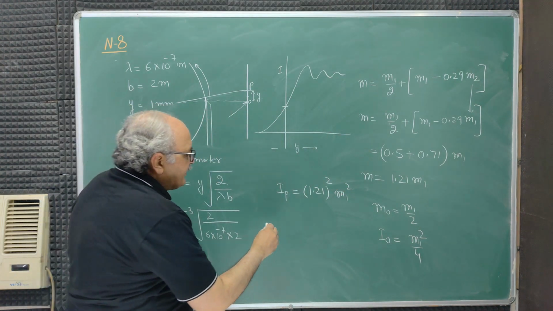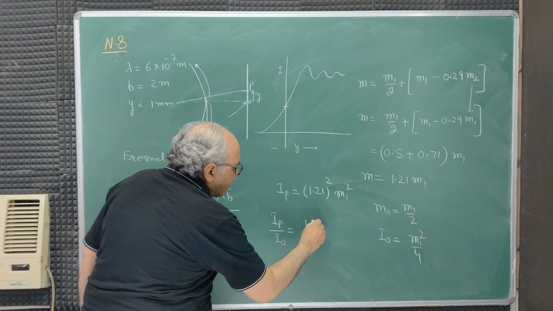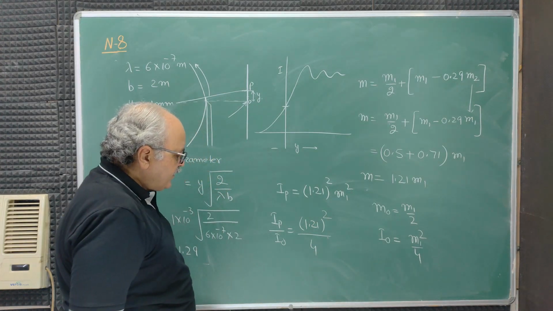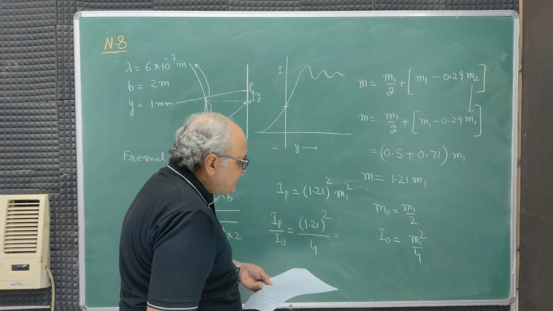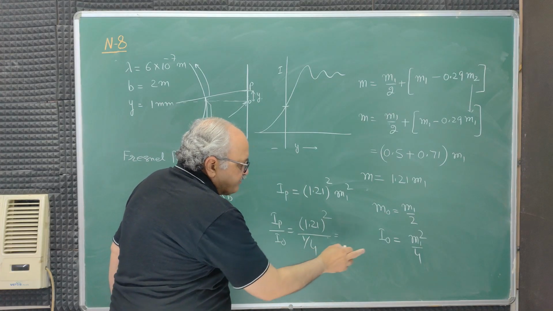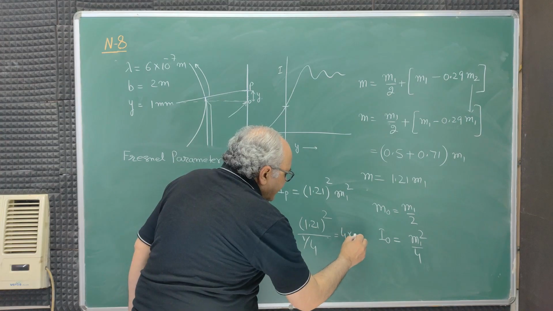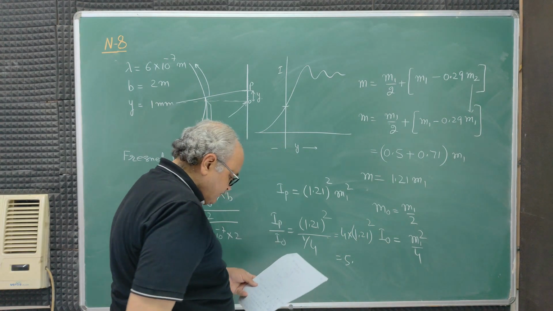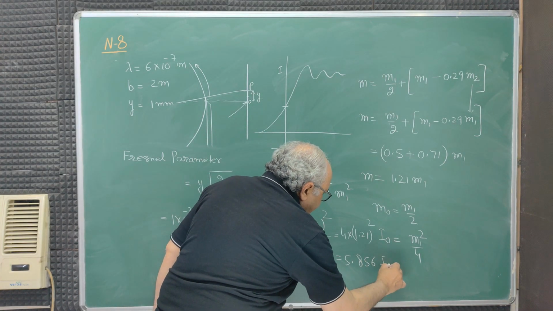So if we compare IP to I0, this comes out to be 1.21 whole square divided by 1 by 4. m1 square will be out from the scene. So this is 4 multiplied by 1.21 whole square, and this is 5.856 of the intensity at O.